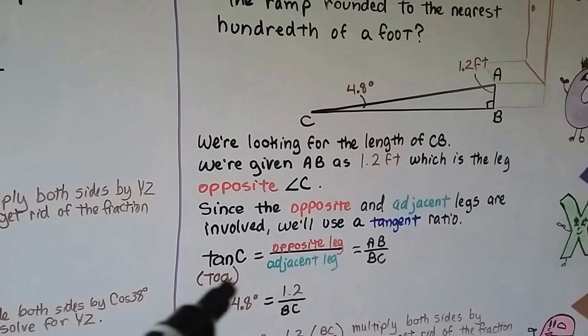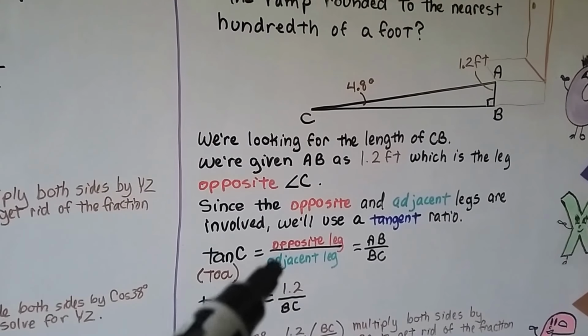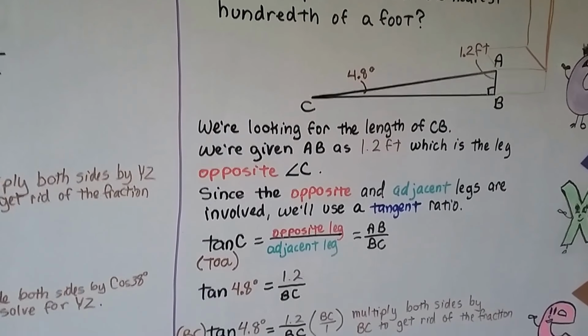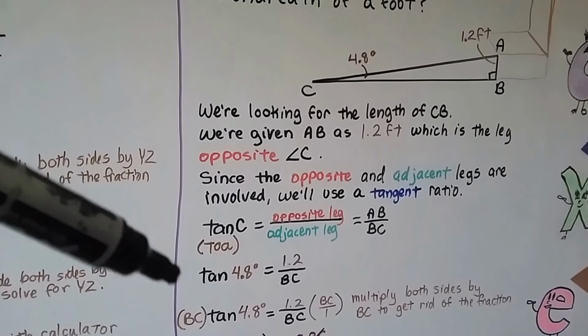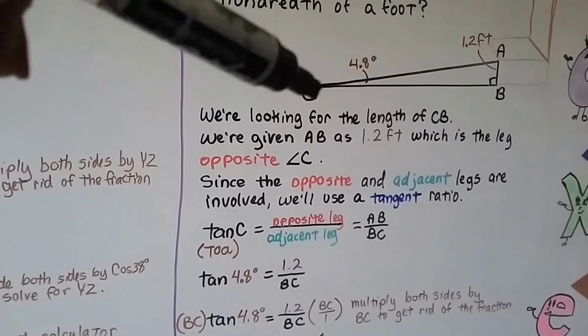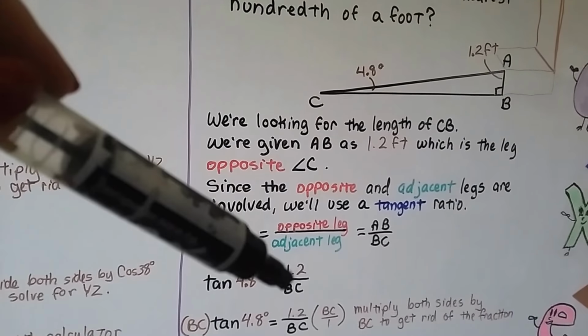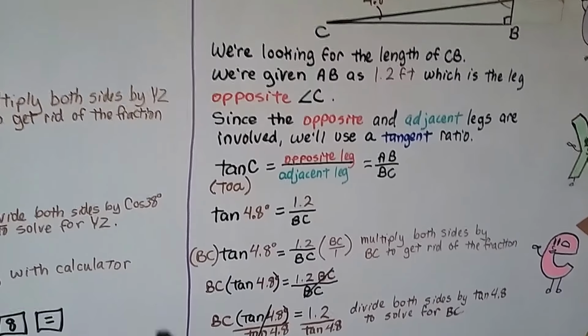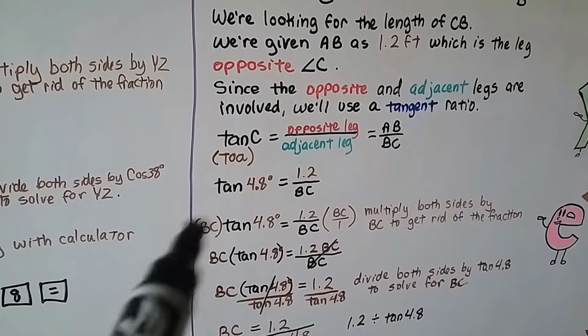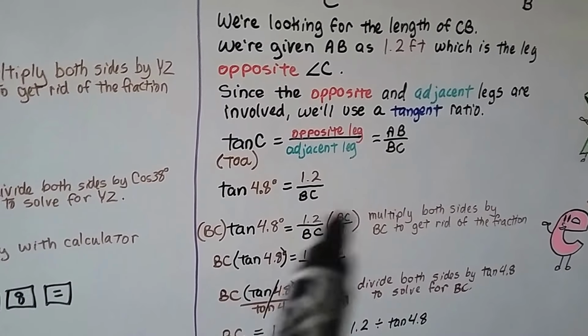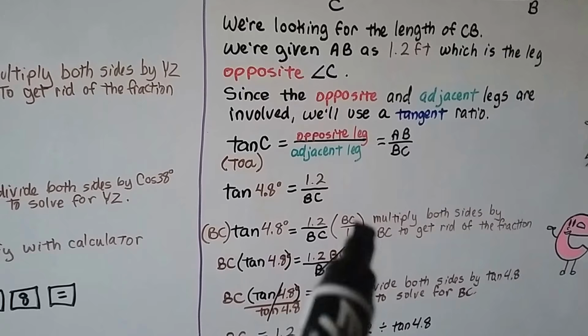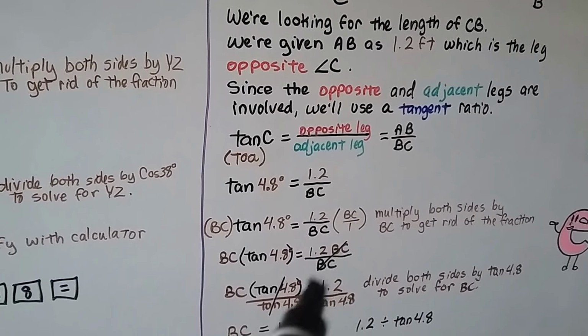So that's the TOA. We're going to have the O over the A for the tangent, aren't we? And it's going to be AB over BC. We substitute in the values. We have the tangent of 4.8, the tangent of C, as 1.2 over the BC we're looking for. We multiply both sides by BC to get rid of this fraction. See, we're multiplying it by the denominator. And this BC over this BC cancel out as a 1.